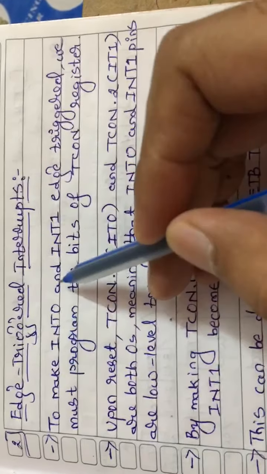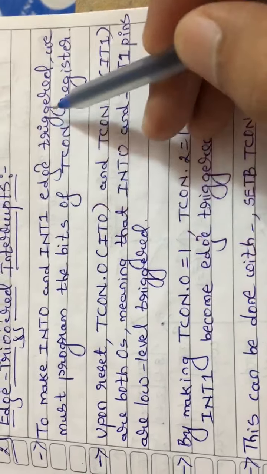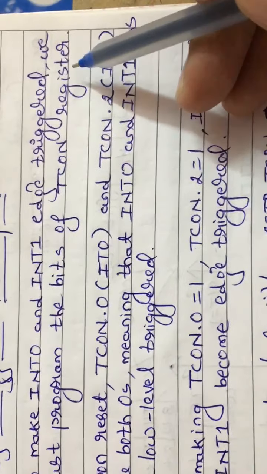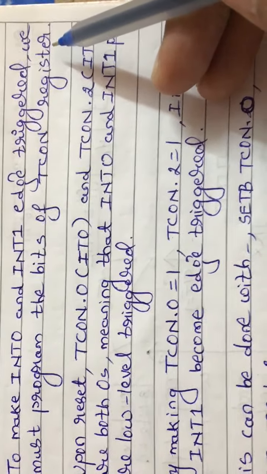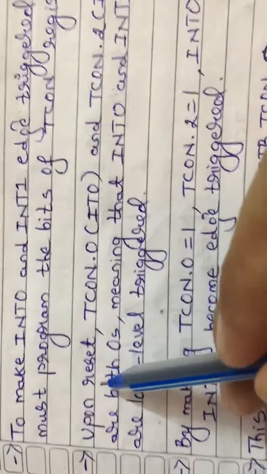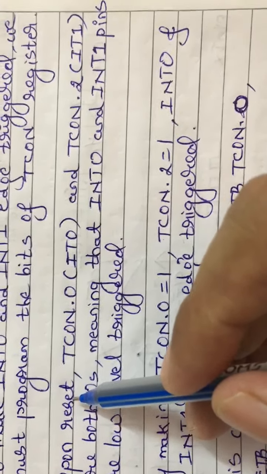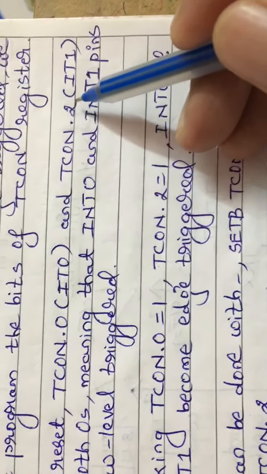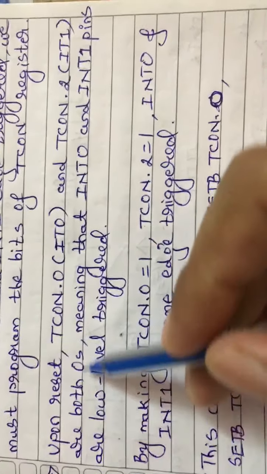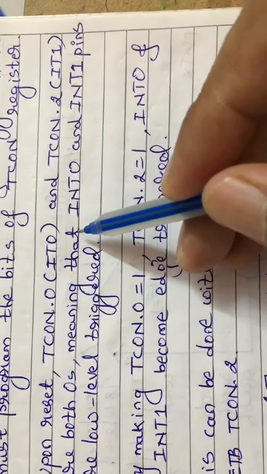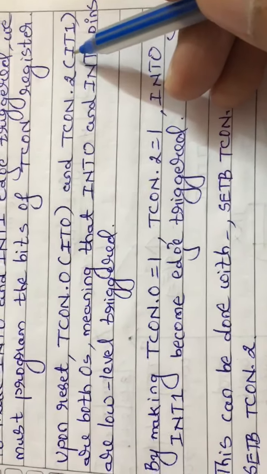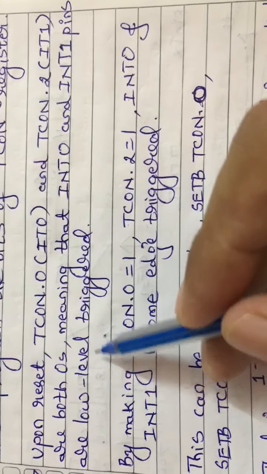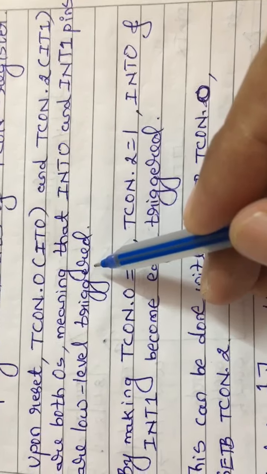So to make INT0 and INT1 edge triggered, we must program the bits of the TCON register, the timer control register. You just go back to the timer control register so that it will be more clear. Upon reset, TCON.0, that is bit IT0, and TCON.2, that is bit IT1, are both 0, meaning that INT0 and INT1 pins are low level triggered, as I discussed in the last session.